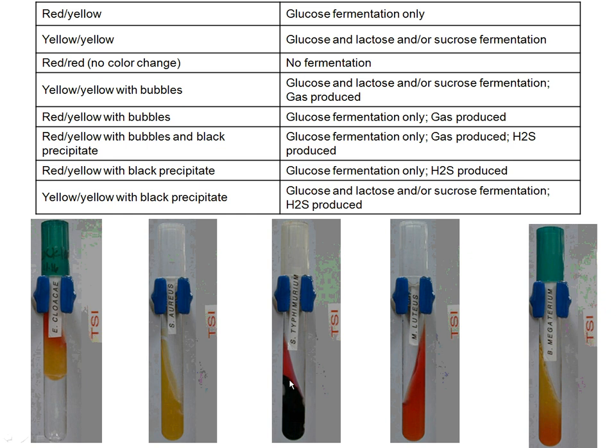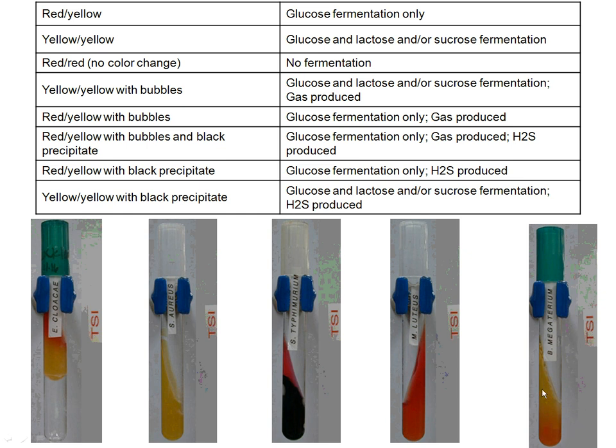This again tells us no sugar use because it stayed red, but we see the black, so that indicates sulfur reduction. Moving here to the S, the Staphylococcus aureus tube, it turned completely yellow. That tells us that the phenol red pH decreased because the bacteria were capable of fermenting or using the sugars.